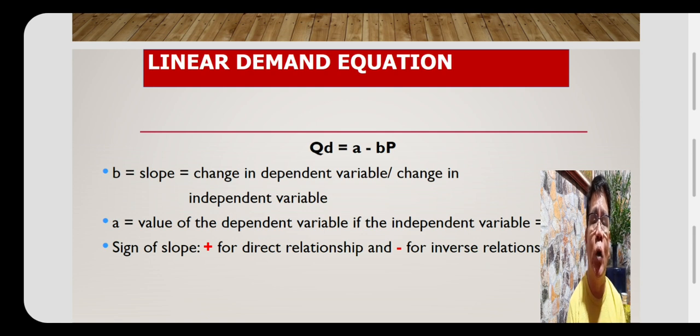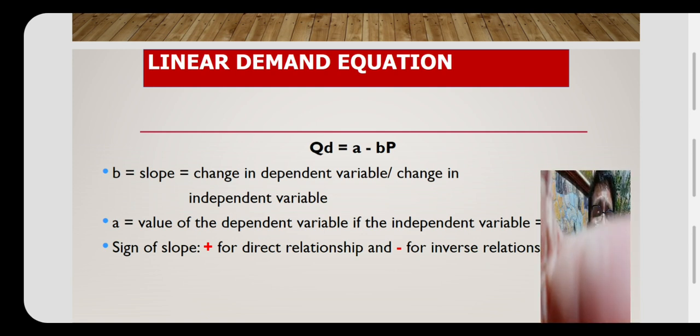The sign of the slope is either positive or negative: positive if the relationship between the two variables is direct, and negative if the relationship between the two variables is inverse.